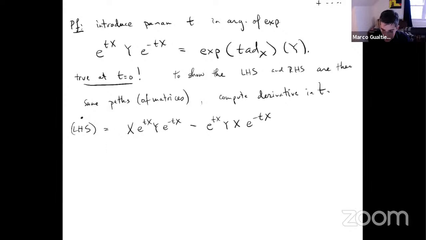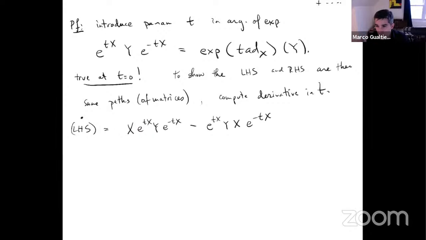And then if we look here, this is e to the tx, and this is x. These two will automatically commute. Actually, you could even prove that using the same idea, using the same differential equation. You could take the commutator between them.